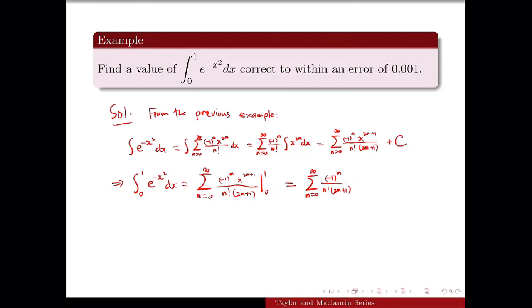So, if we think of this as a function, then we will try to find a way to find the value of this evaluated at something, so that the approximation will have an error of 0.001.